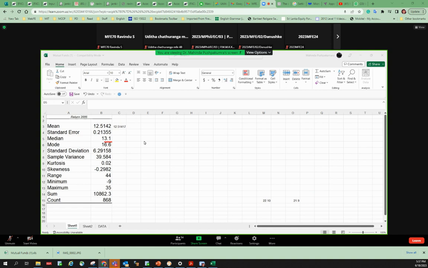The middle value is 30. Then the mode is 16. Mode means most frequent value is 16.